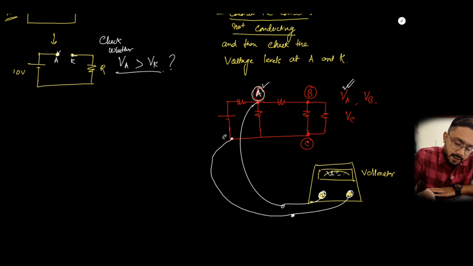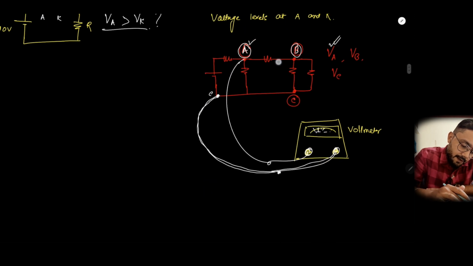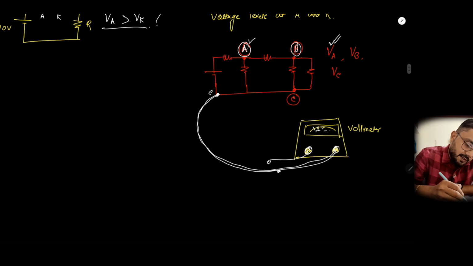Now similarly, if you want to calculate the voltage at node B, you keep the second probe connected at the same point, change the other terminal, and connect it here.